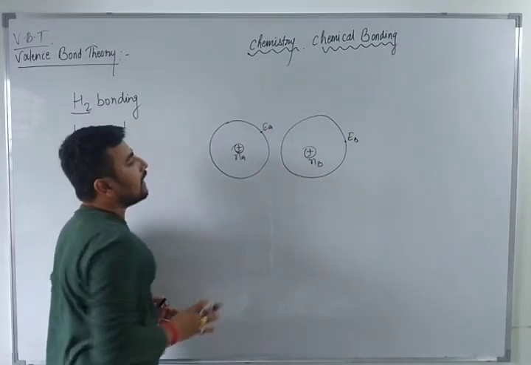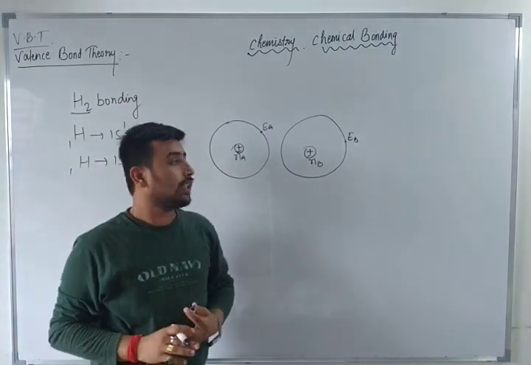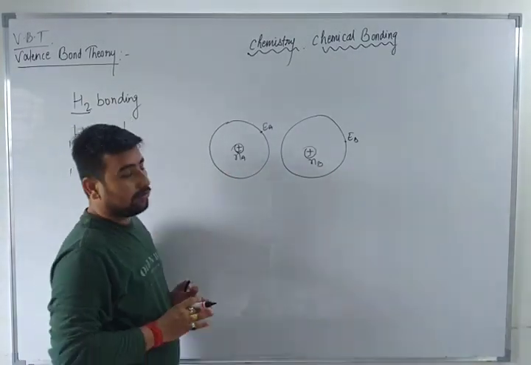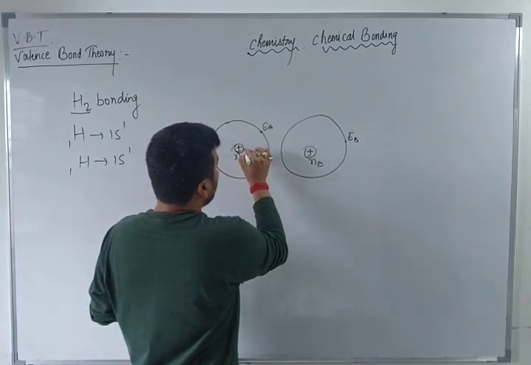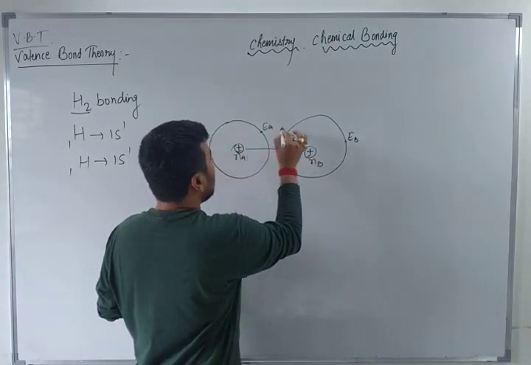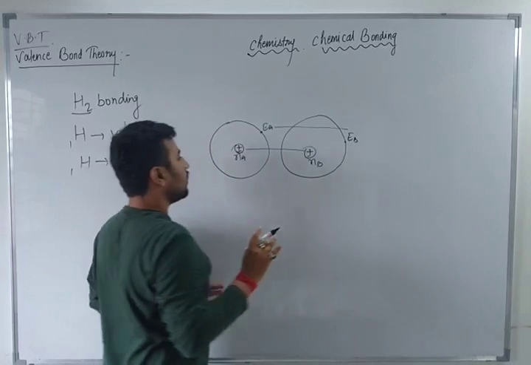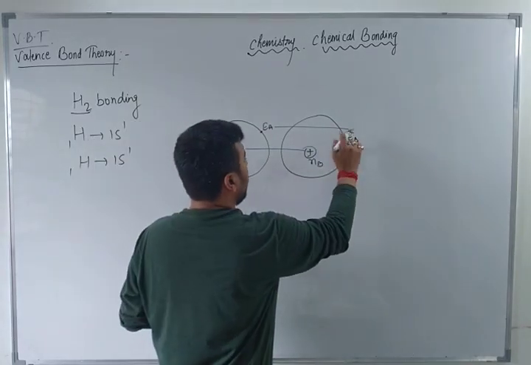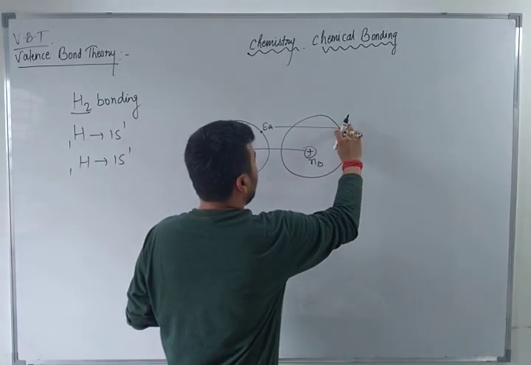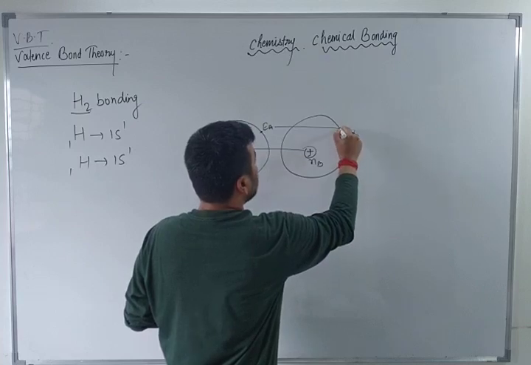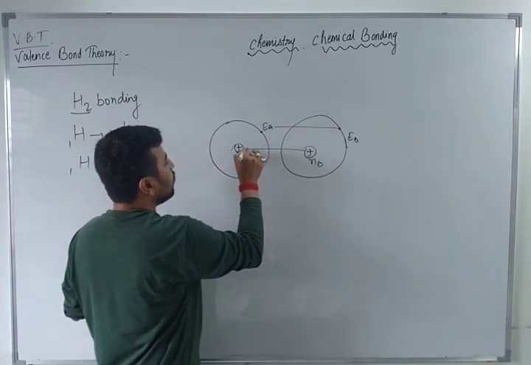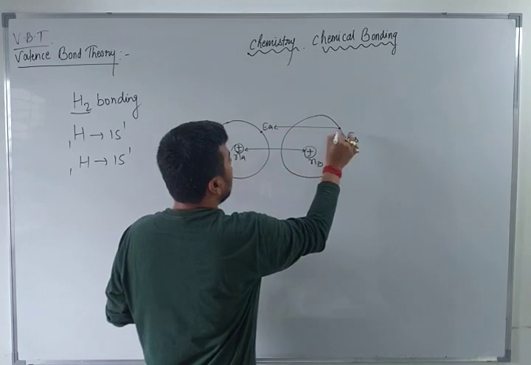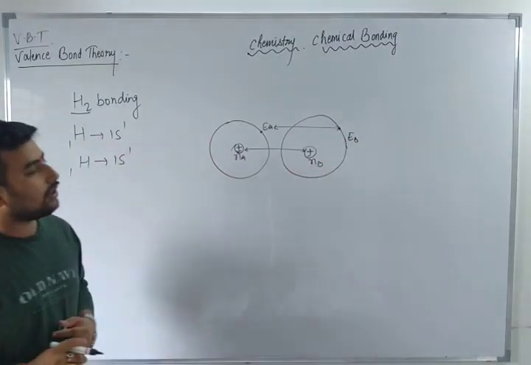Now consider nuclear repulsion and electron repulsion. You know very well both nuclei will repel each other, and both electrons will also repel each other.